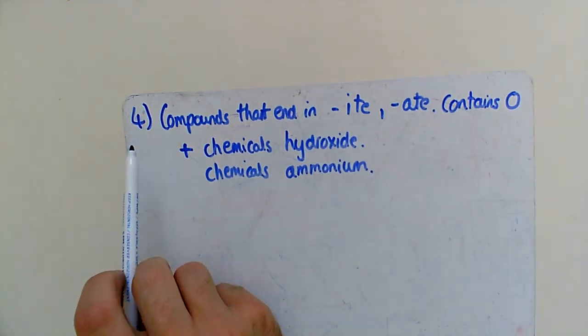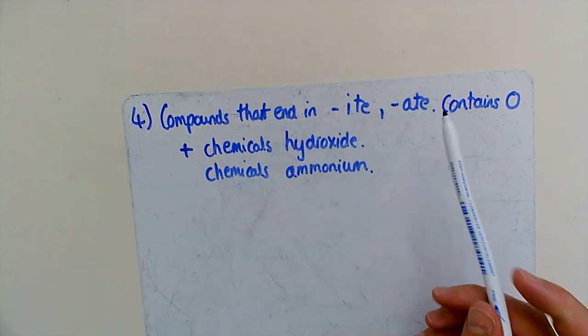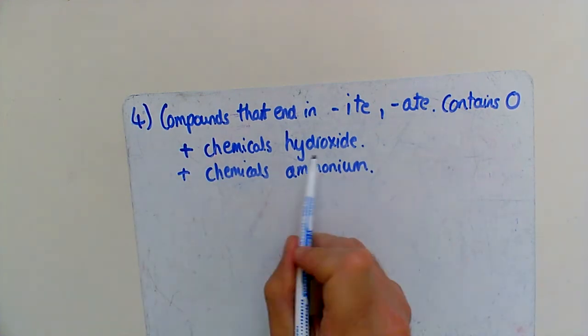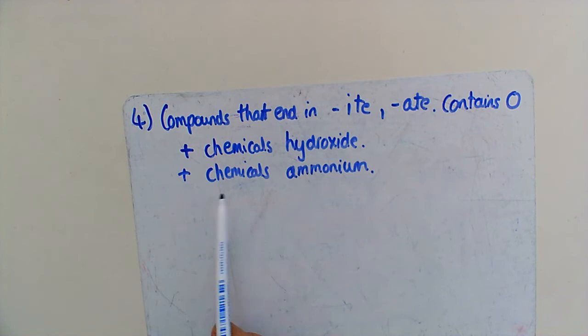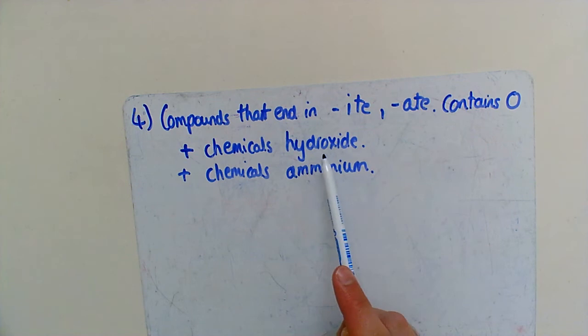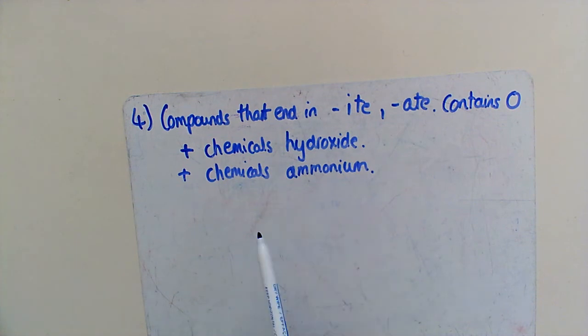So this rule applies for compounds that end in ITE or ATE, and chemicals that have hydroxide in the name, and chemicals that have ammonium in the name. So those are the four cases: ite, ate, hydroxide, and ammonium. Now, when it comes to these chemicals, you need to look up page 8 of your data booklet.